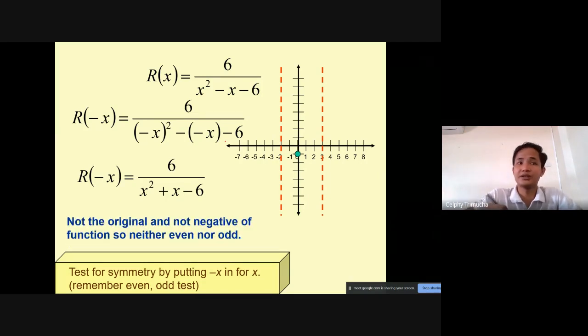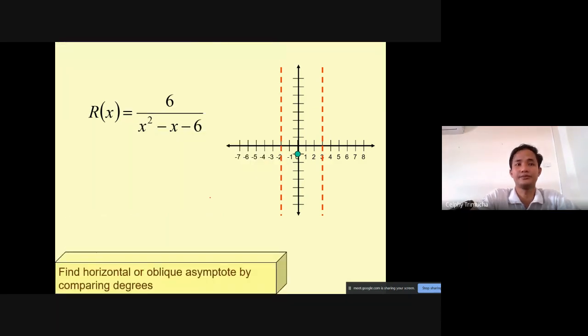Take note, it is symmetric about the y-axis if we get back our original equation. Since this is not equal to the original, and not the negative of the function, the function is neither even nor odd. It did not return to our original equation.